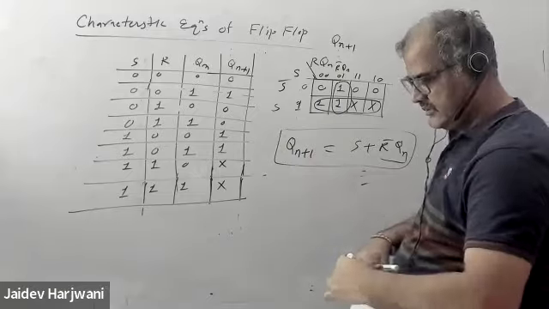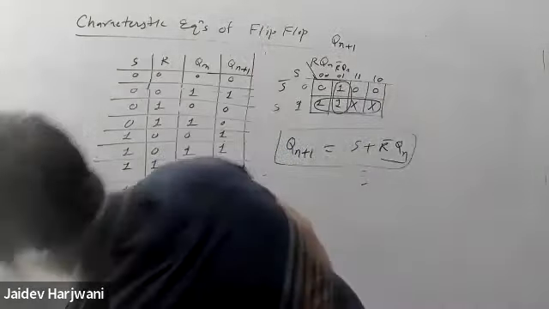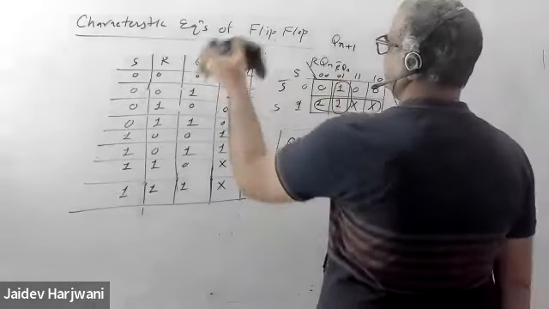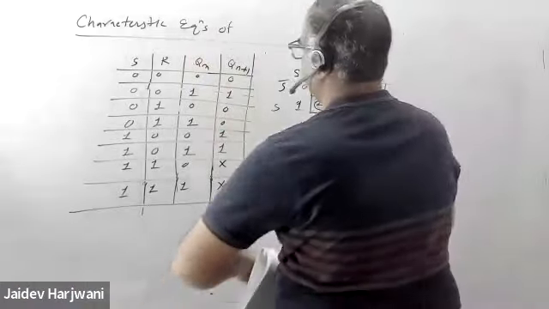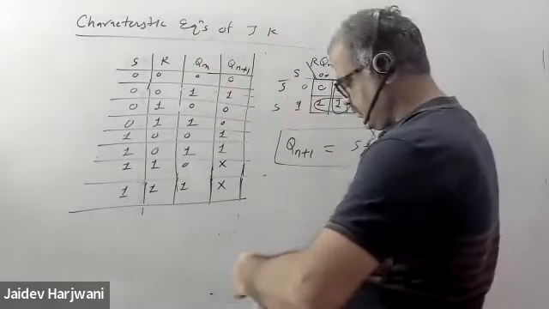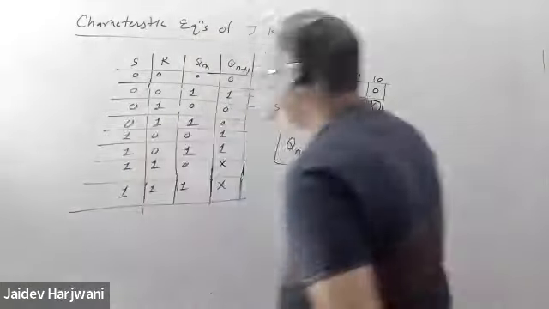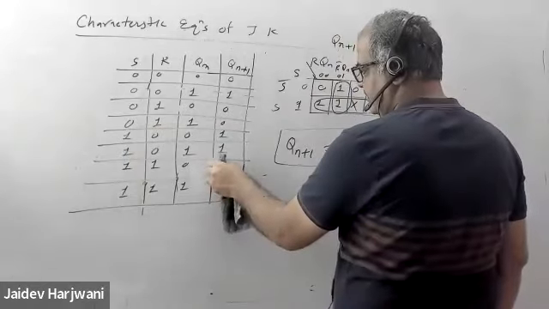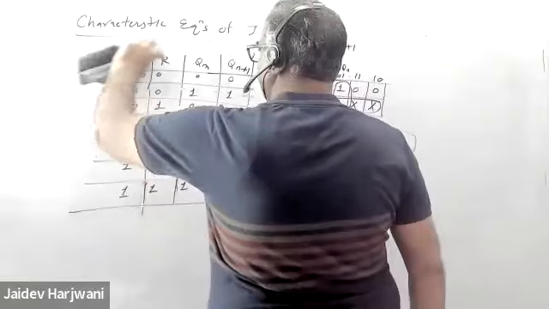Now similarly you have to write the characteristic equation for JK flip-flop, this was for SR flip-flop. Now you write for JK flip-flop. Now JK flip-flop is the same as this one, but it doesn't have the invalid state.